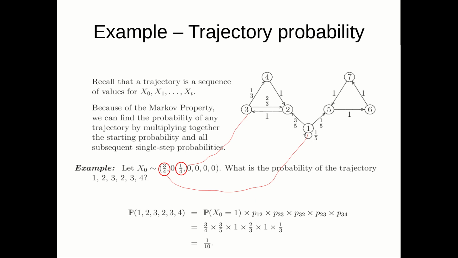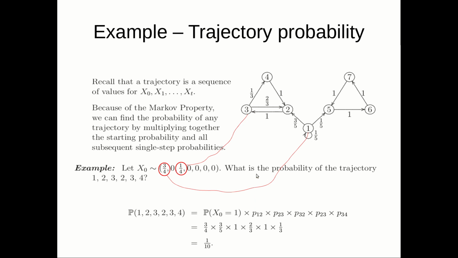This is what I've been so enthusiastic about. Now let us assume that we are given the following prior probability distribution at time 0. There's a 75% chance that we'll start our Markov process in state 1 and a 25% chance that we'll start our Markov process in state 3.